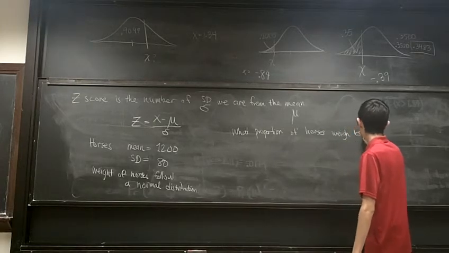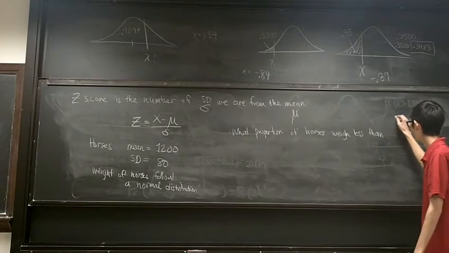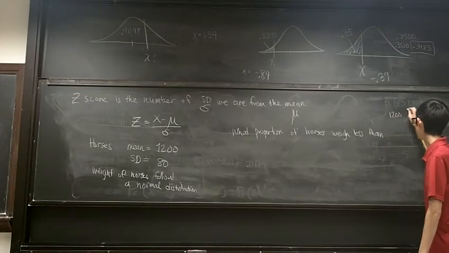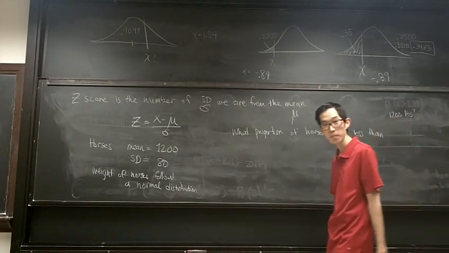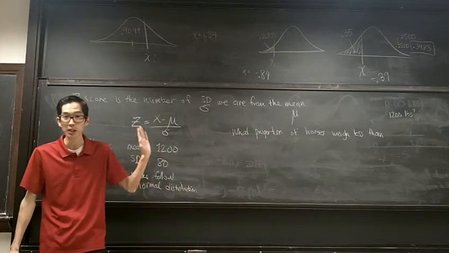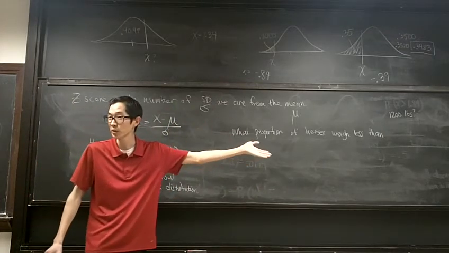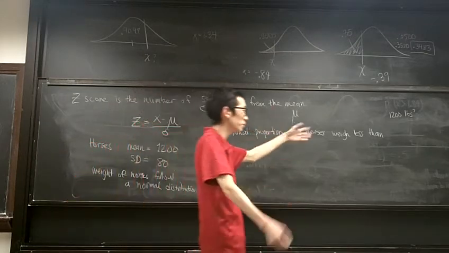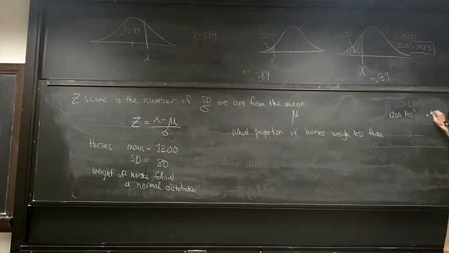What's our answer? 0.5, right? That's the middle weight, that's the mean. So half of the horses weigh less than that, half weigh more. The median is actually the middle, but because it's symmetric, the answer here is 0.5.